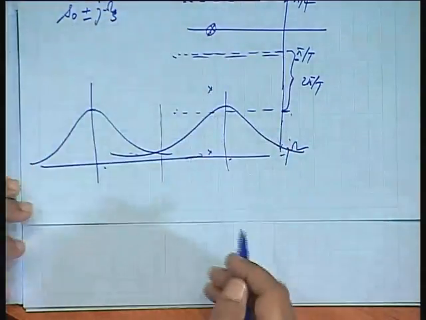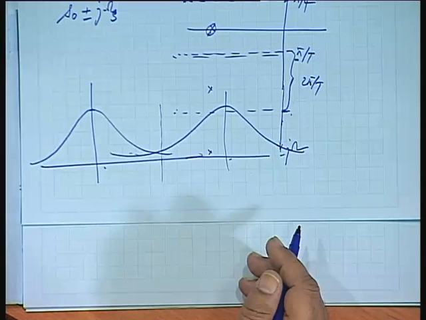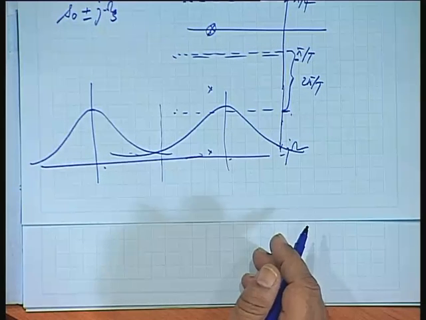It is precisely because of this. That means the poles or zeros will be repeating every 2 pi by T. At every interval of 2 pi by T, you will have repetition of poles and zeros.